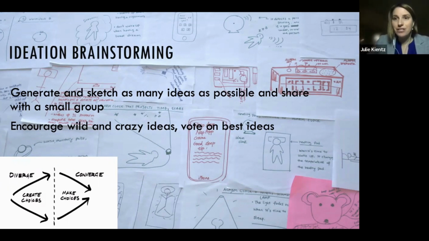But then you're going to make a switch, either when you run out of ideas or you run out of time, and start to do convergent thinking, which is starting to narrow down those choices. That's what we often do by voting. Sometimes we'll take little sticky dots and give everybody on the team 5 sticky dots, and they have to put their dots on the ideas that they find most interesting or most feasible or most meeting the user's needs.